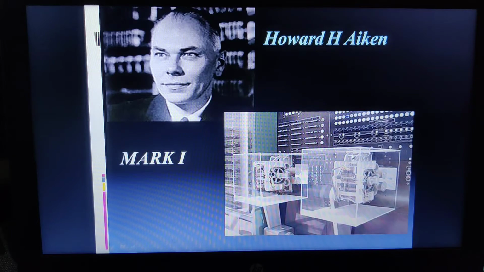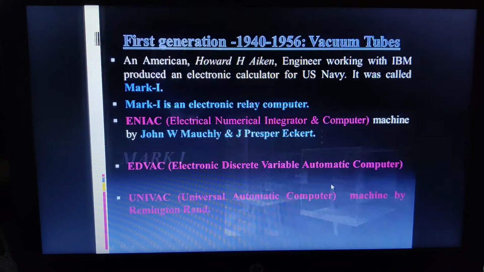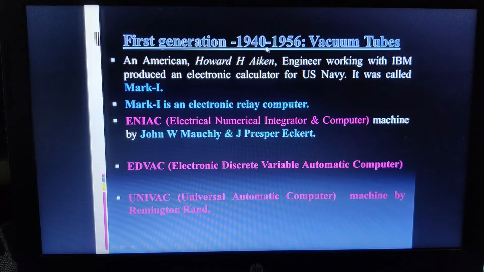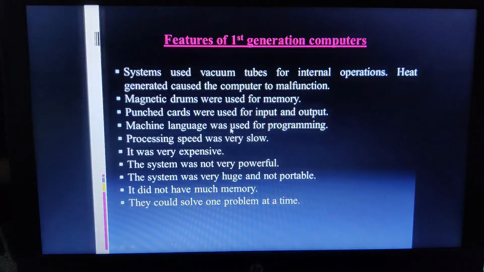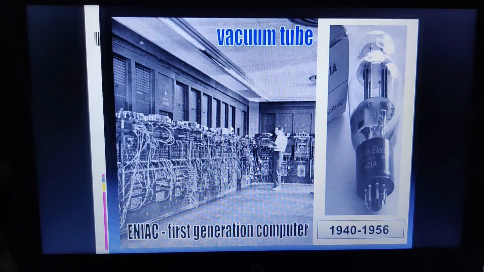During the period 1940 to 1956, there was another giant machine, known as the ENIAC, a big computer.